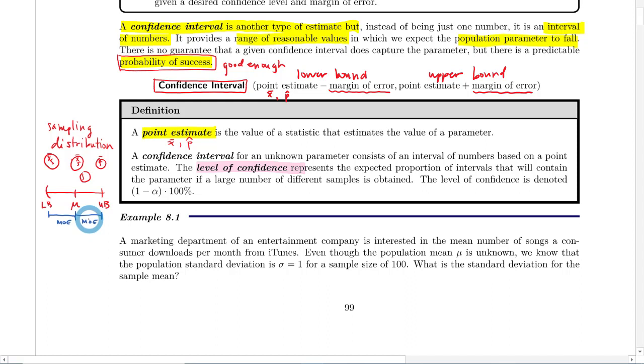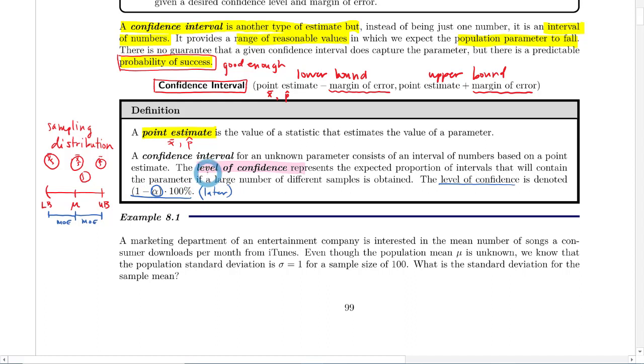Anyway, the level of confidence is given to us in the problem, and we can denote it as (1 minus alpha) times 100%. This is going to remind us of the alpha that we discussed in the previous chapter, but we'll talk about it a little later. I don't want you to worry about this little expression.